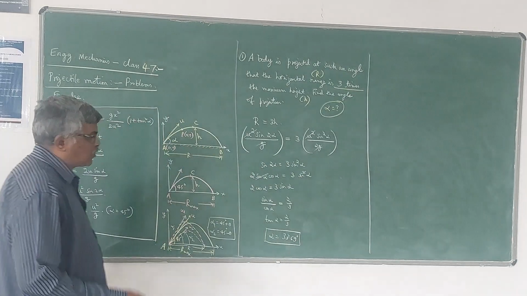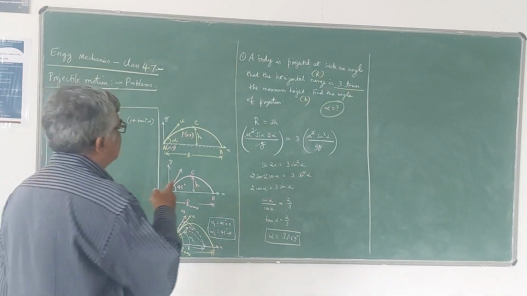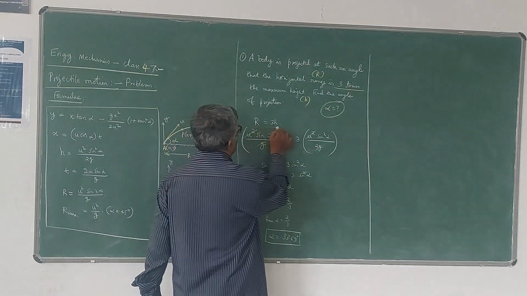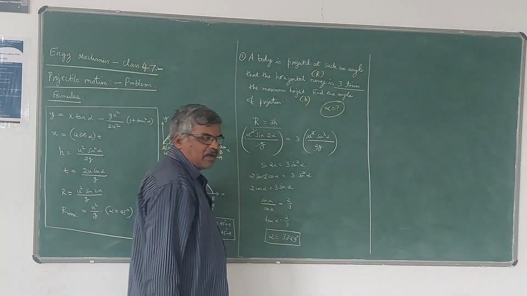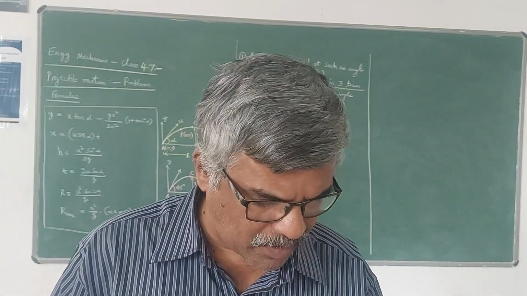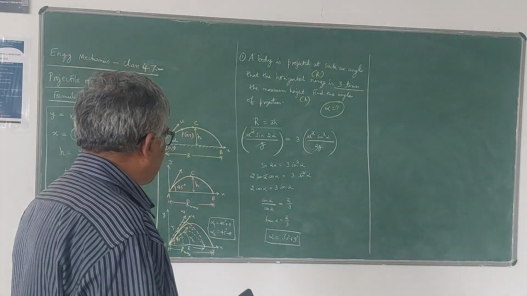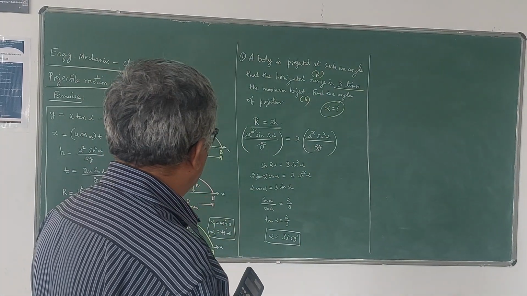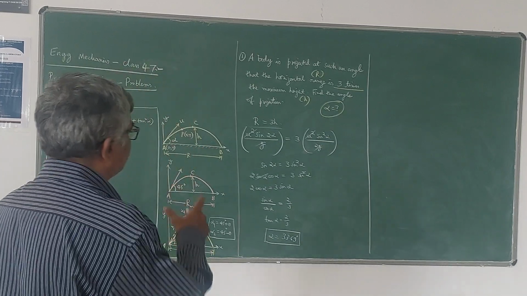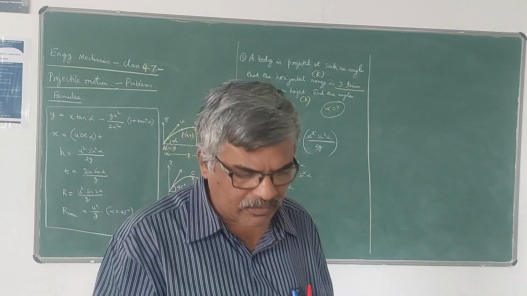If you project the object with this angle, then the horizontal range will be equal to 3 times the maximum height. Of course, it is a very simple direct substitution problem. Just by knowing the relationship between R and H, you can get the value.